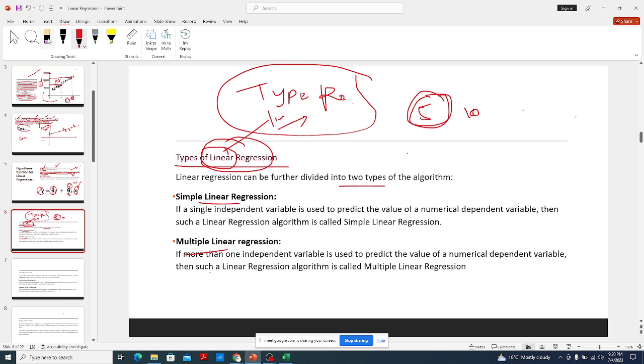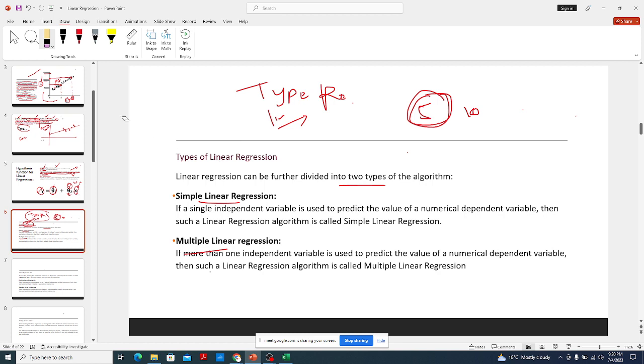But for linear regression, we only have 2 major types. That is simple linear regression, meaning it has only one independent variable. Like for example, y equals mx plus c.